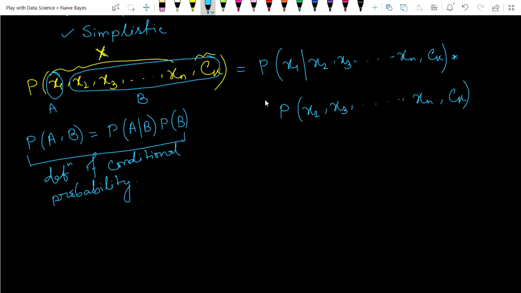This is simple, just definitions. Here we are simply applying the definition of conditional probability.